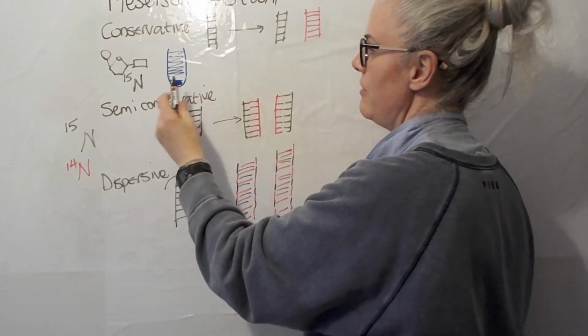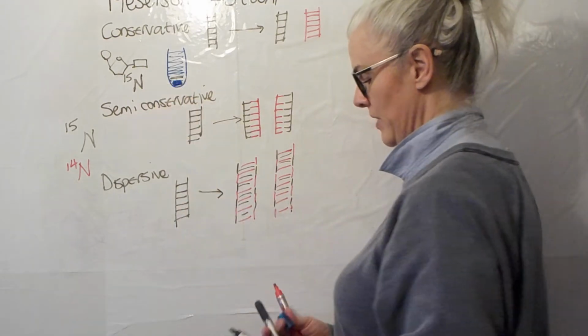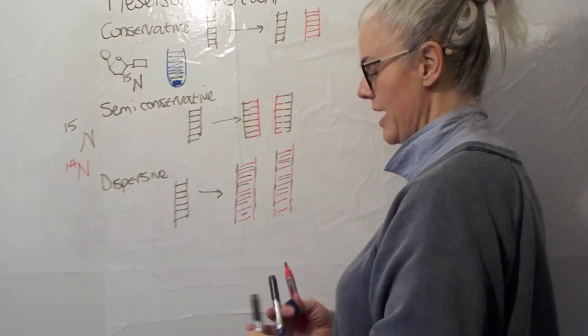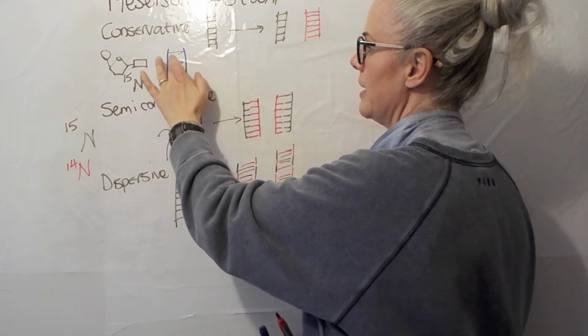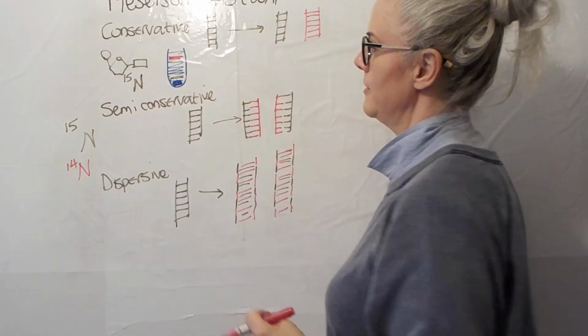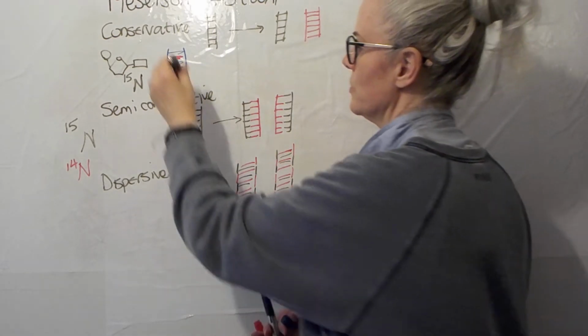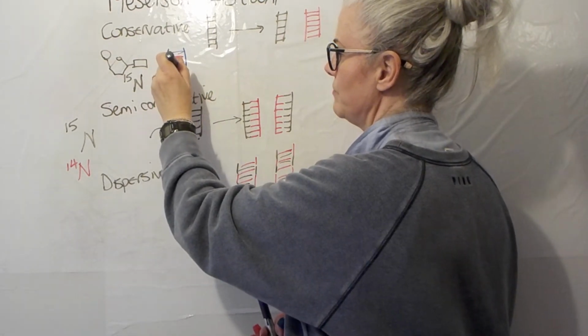So this N15 will form a band down there somewhere. If you spin the N14, it'll form a much lighter band. It is actually lighter. So it'll form a band much further up.